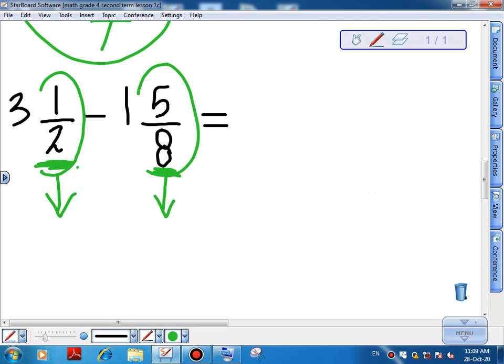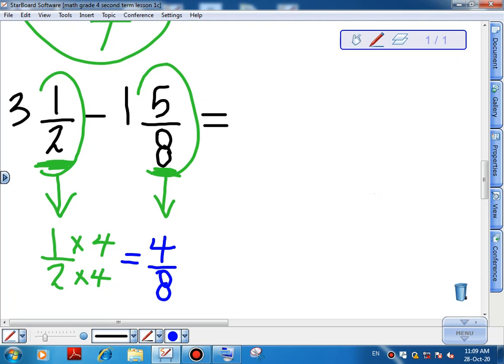To make it simple, just make 2 to be 8, just multiply by 4. So 1/2, both the numerator and denominator multiplied by 4, will be 1 times 4 equal to 4 and 2 times 4 equal to 8.